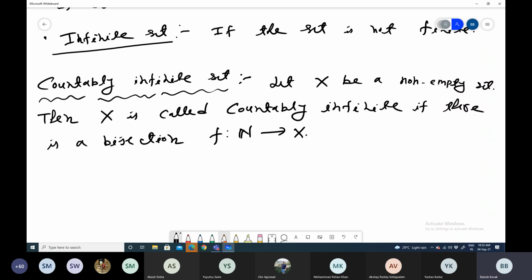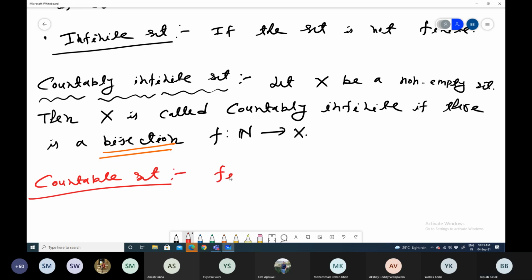So remember how we define a countably infinite set. We define a bijection from N to X. Then we define countable set.